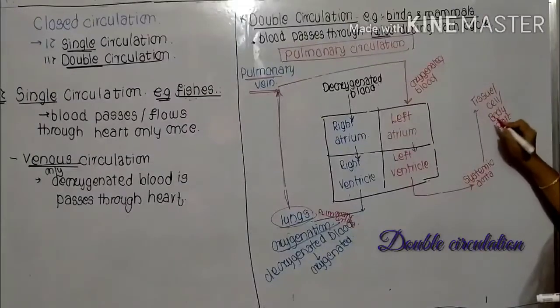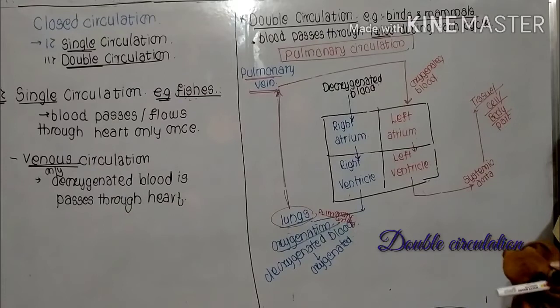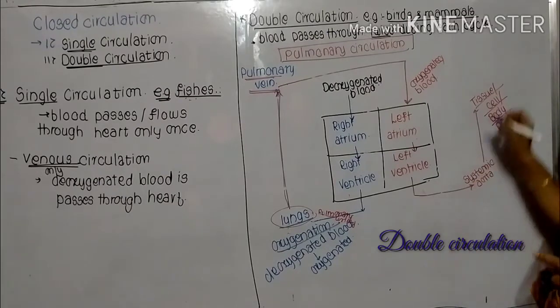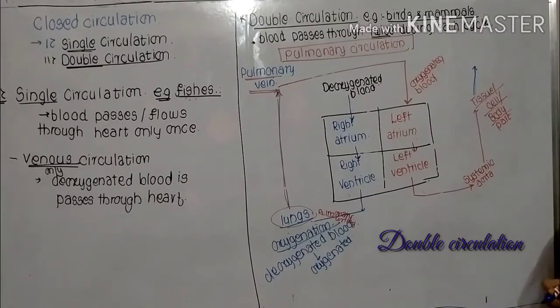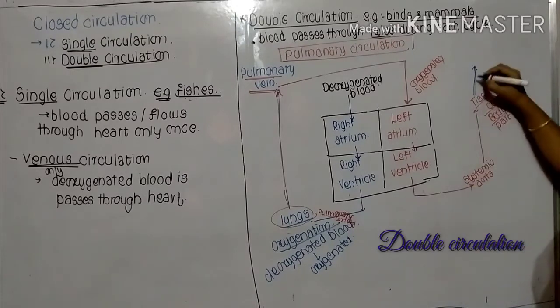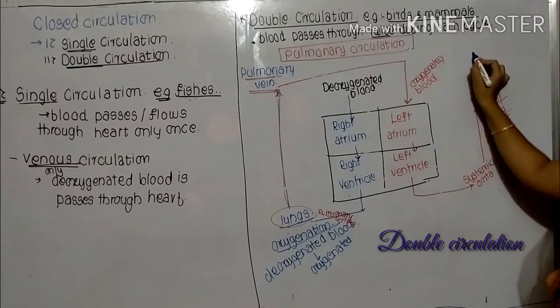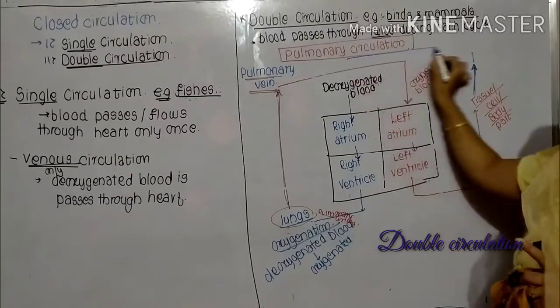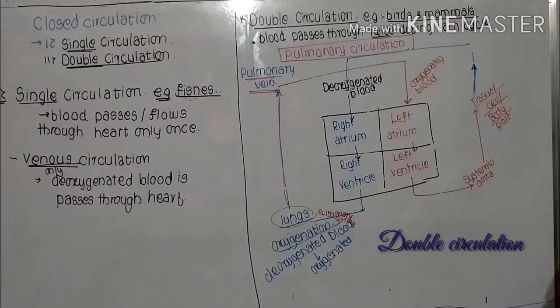Now here what happened? These tissue cells or body parts utilize that oxygenated blood, and they convert that oxygenated blood into deoxygenated blood. Then this deoxygenated blood enters into the right atrium.